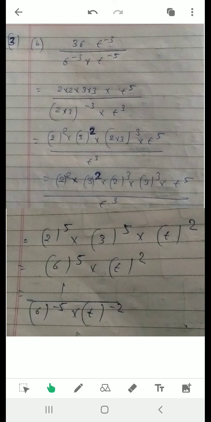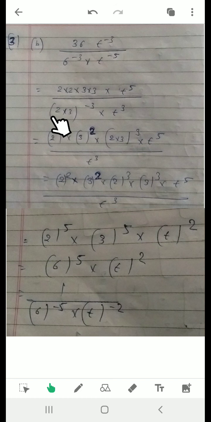First thing I will do, that I will convert all the numbers which are composite into the prime numbers. Like this 36 can be written as 2 multiply 2 multiply 3 multiply 3. Understood? Write all the composite numbers into the form of their prime numbers.